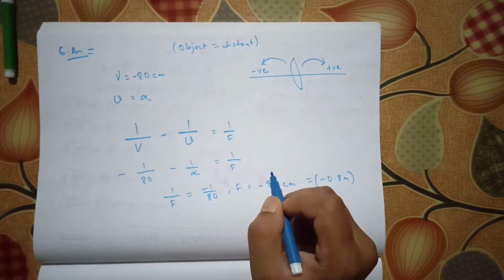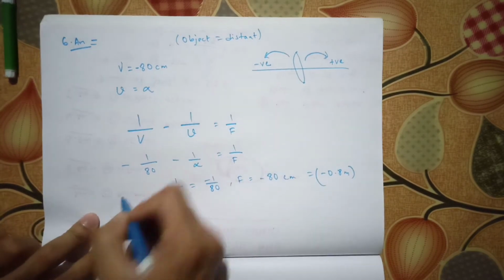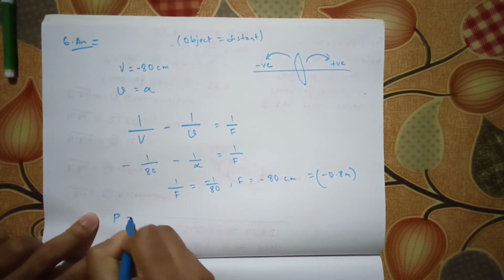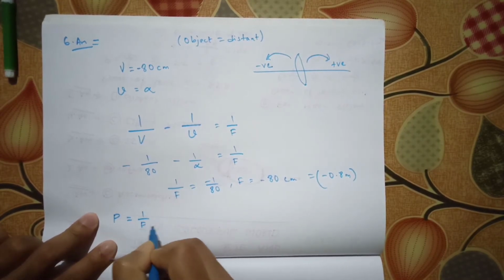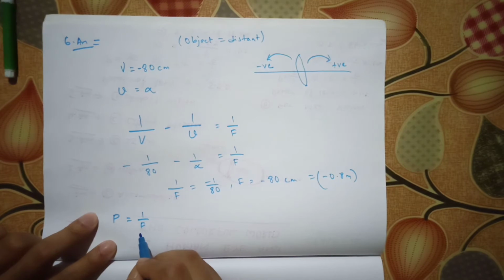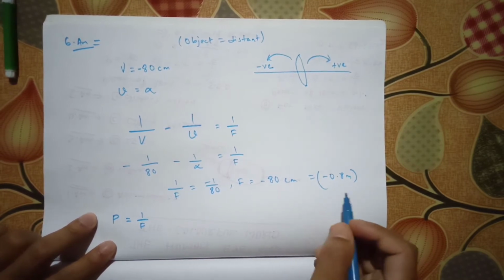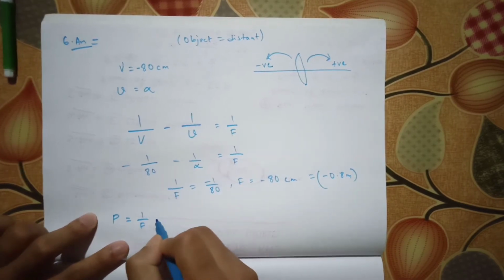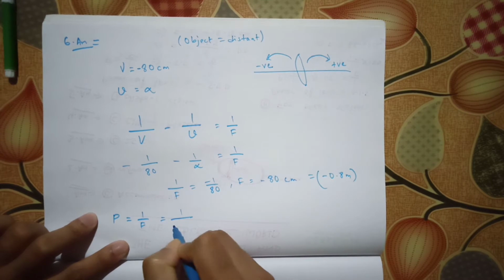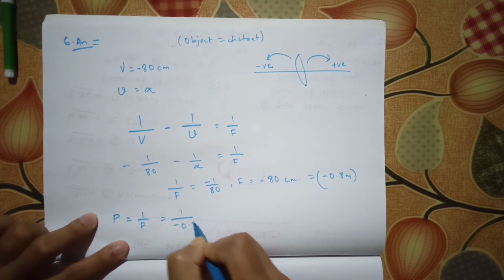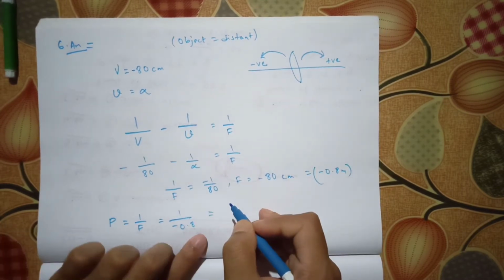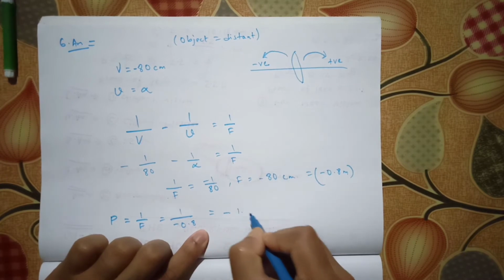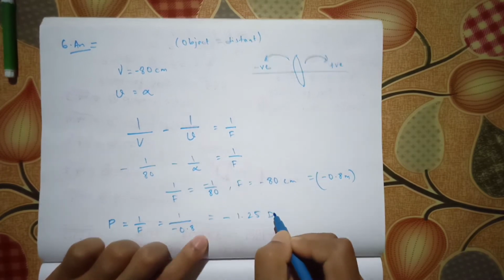We know that power of the lens P is equal to 1 by f. F we always have to take in meter. That's why I have converted this number into meter. So what is 1 by f? 1 by f is equal to 1 by minus 0.8, which is equal to minus 1.25 diopter.